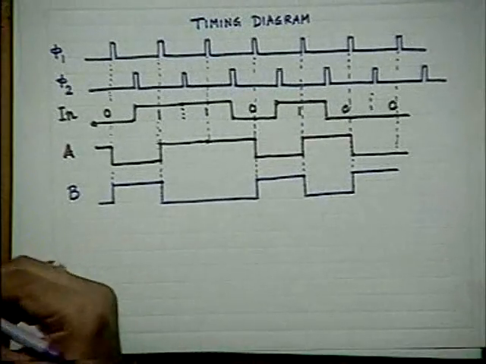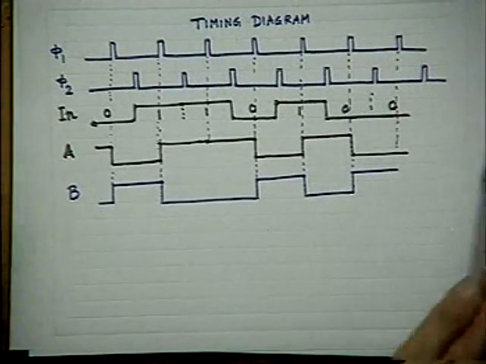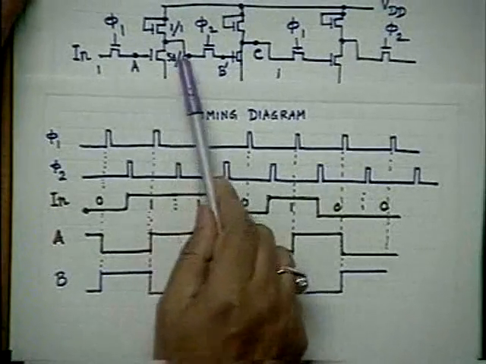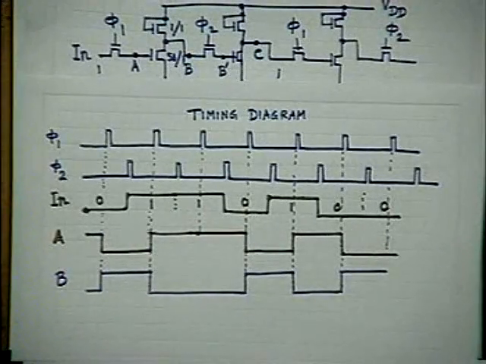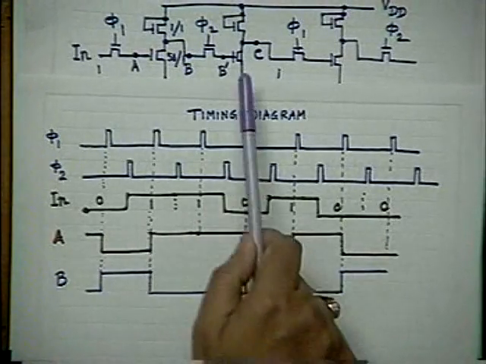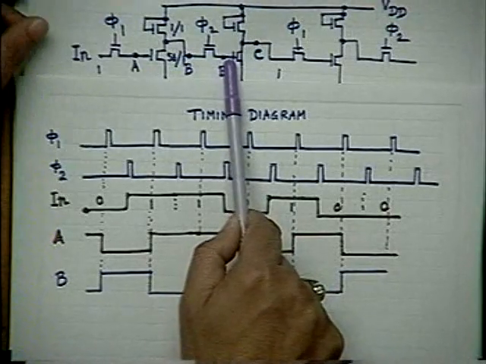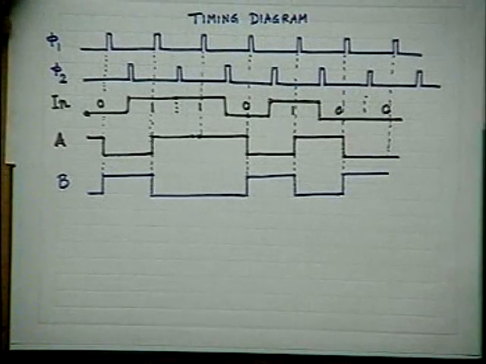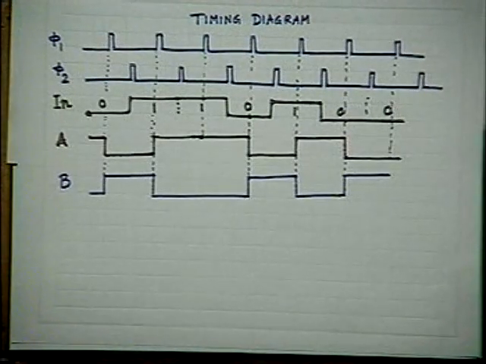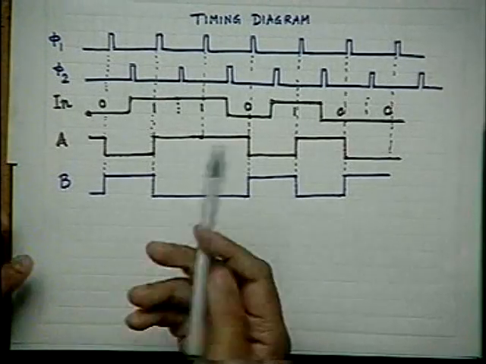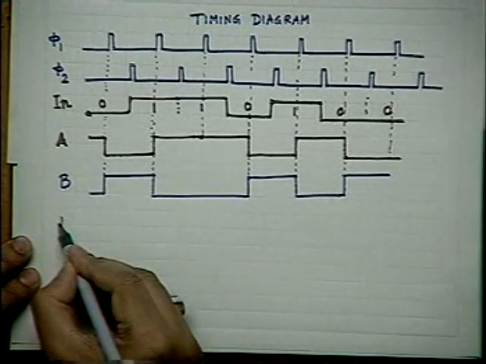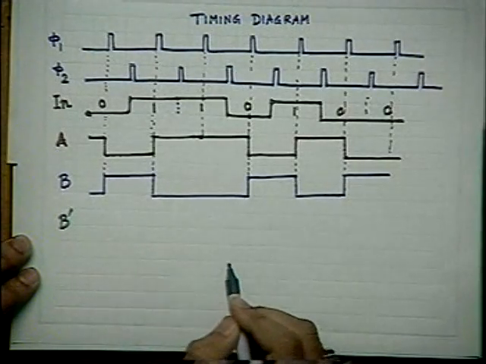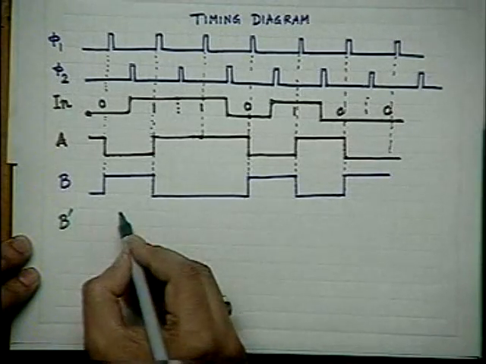So these ones have been converted into zeros. Coming from A to B, ones have been converted into zeros, and zeros have been converted into ones. There is no problem. Similarly, I can go to B dash point using the same logic. Just try to do it yourself. You try it yourself, then see the diagram. Don't look at here. Try it yourself, then look at this diagram, whatever I'm drawing.